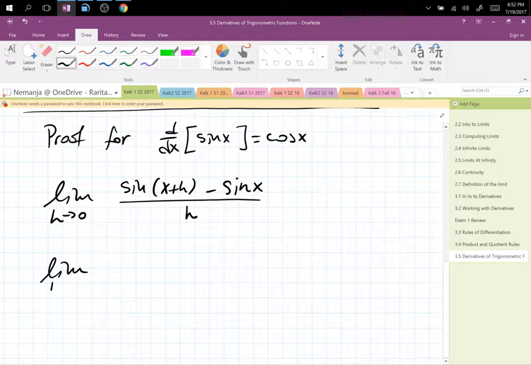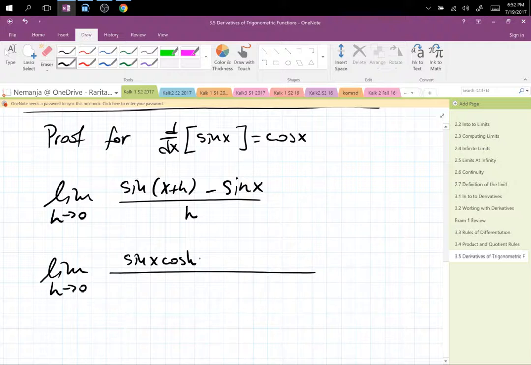So that's going to be the limit as h goes to 0 of sine x cosine h plus cosine x sine h minus sine x, divided by h.